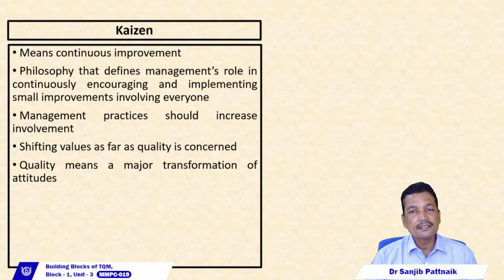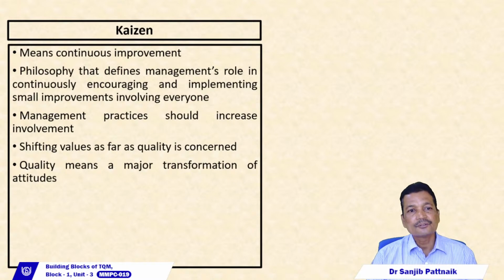Don't feel that immediately we shall apply big improvements. Take small things, bring about small improvements. Let every worker see that. Management practices should increase the involvement of the workers and attention to customer needs.